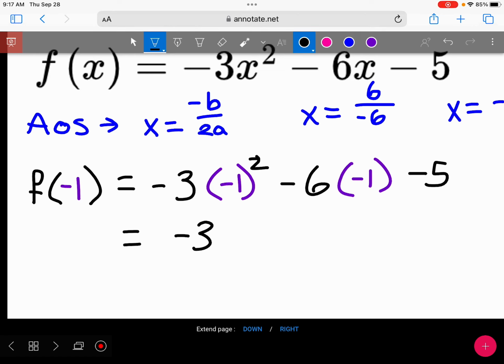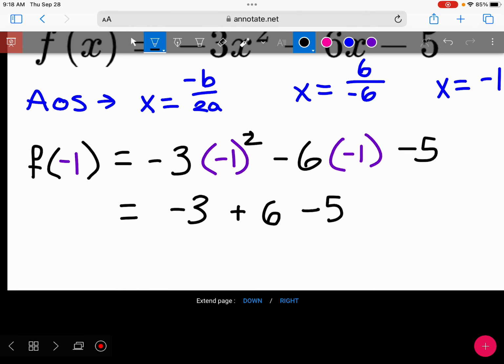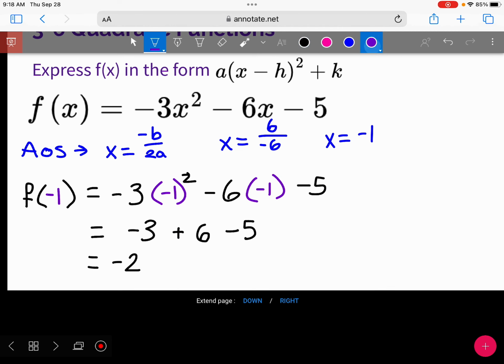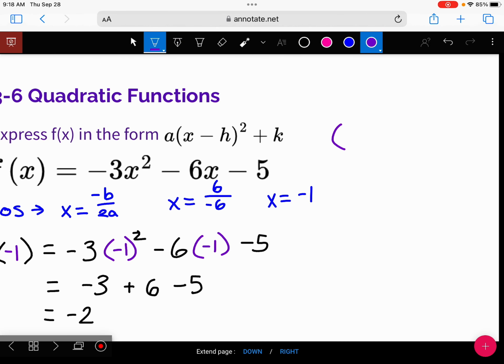Minus 6 times negative 1 becomes plus 6 minus 5. So what's our y value? Negative 2. So our vertex is the point negative 1, negative 2.